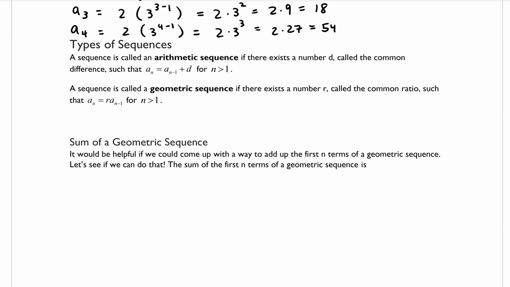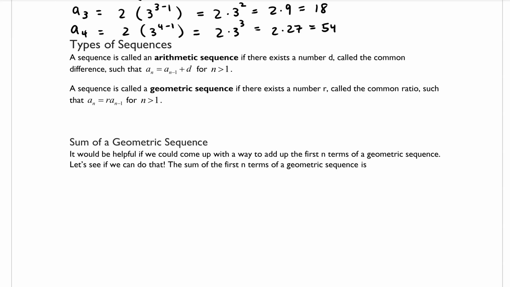Now that looks kind of intimidating, but all that's saying is that we have a common number that we are adding by or subtracting by to get the next value or term in our sequence.